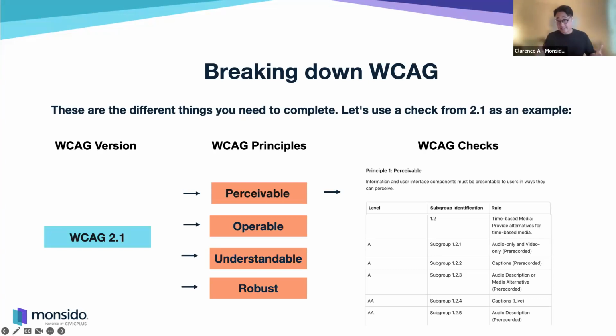So as an example, if we take a look at success criteria 1.2.1, that states that for all pre-recorded audio and video, it is required to have a text transcript or at least a link leading to a page that contains that transcript. And so this is level A conformance.